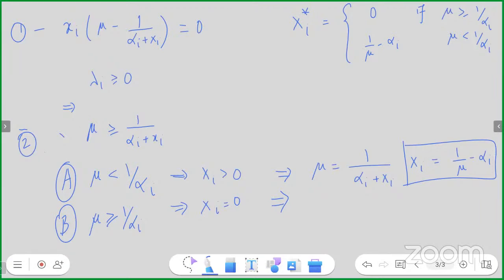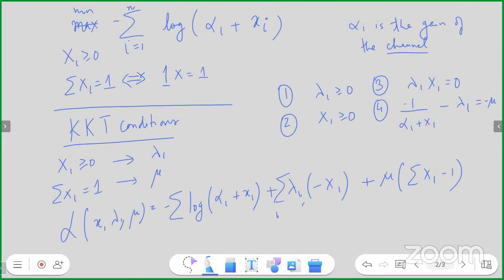Then something remains to be solved. Alpha i is unknown. Mu is not known. How do I find the mu? We have this constraint here for the variables: the summation of xi is equal to 1.